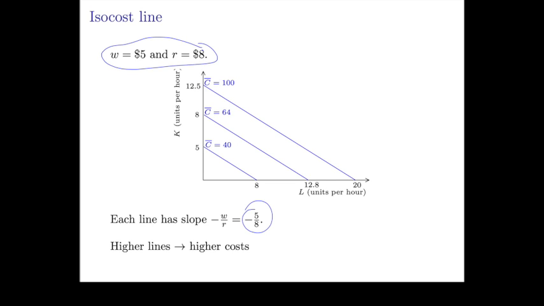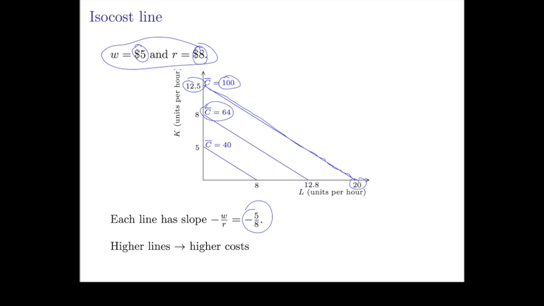The vertical intercepts would be given by C bar over R. So when C bar is 100, so again, these correspond to all those bundles of inputs that cost exactly $100. Well, if you're using all the $100 to buy only capital, capital costs $8 per unit, well, you could buy 12.5 units of capital. Or you could spend all your $100 on labor, and since it costs $5 a unit for labor, you could buy 20 units of labor.